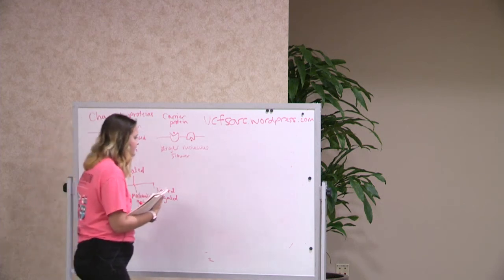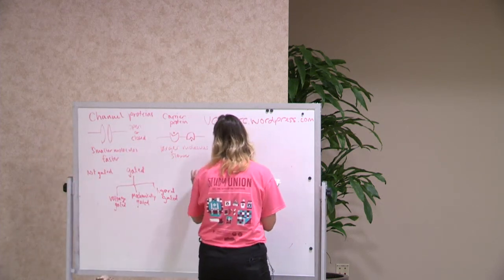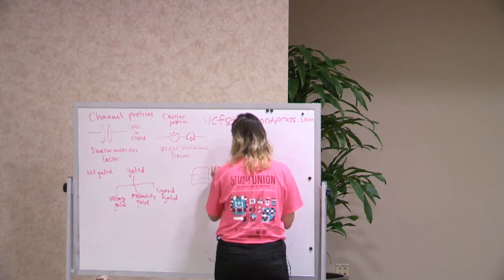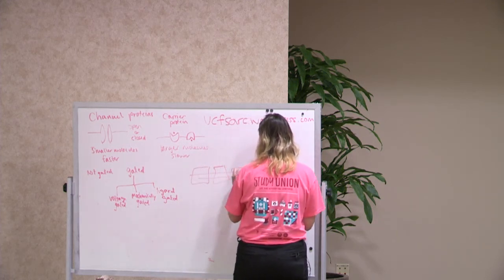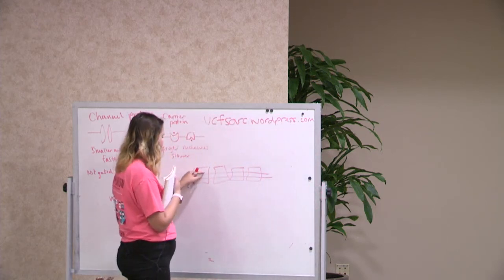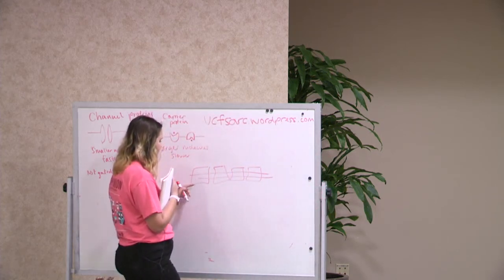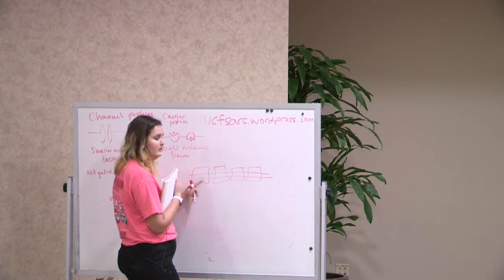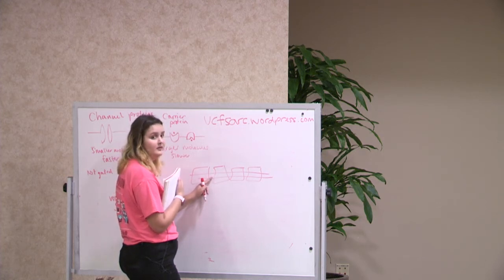Saltatory conduction is basically just a name for how action potentials work. If this is the axon and this is the myelin, the ions can't access the membrane through the myelin. They can only access it at the nodes of Ranvier.